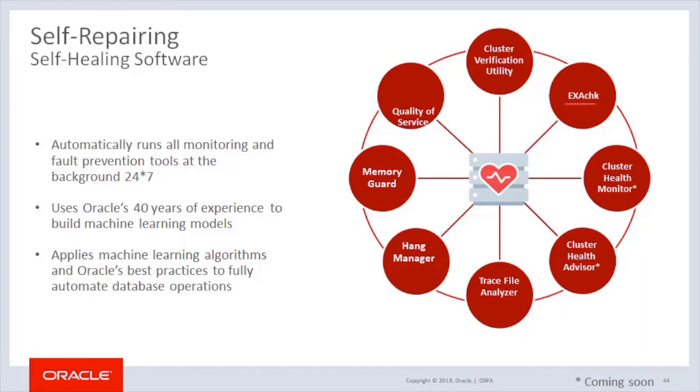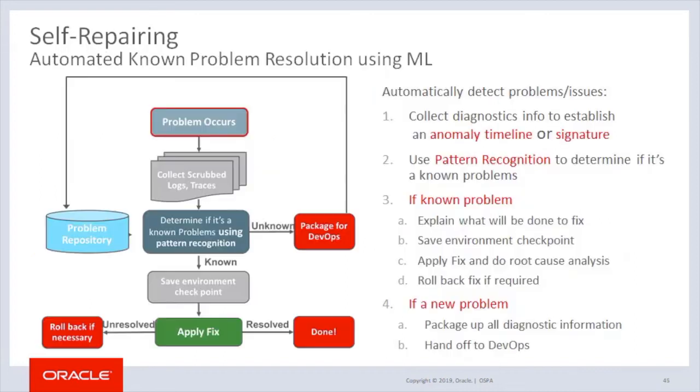It applies machine learning algorithms and Oracle's best practices to fully automate database operations. Oracle uses machine learning algorithms like anomaly detection, pattern recognition, and problem signatures to detect and prevent issues and failures and fix the known issues or raise SRs on behalf of our customers.